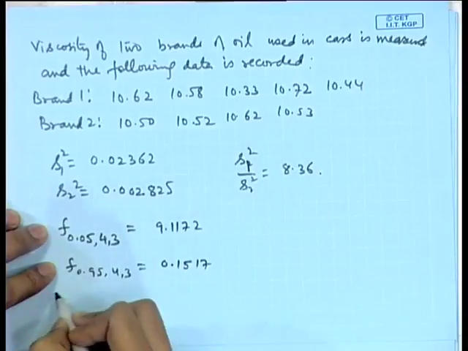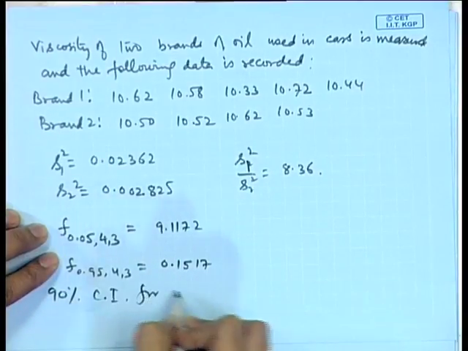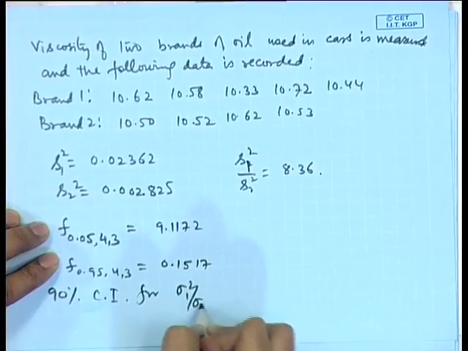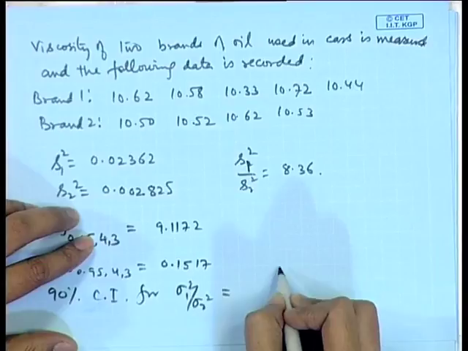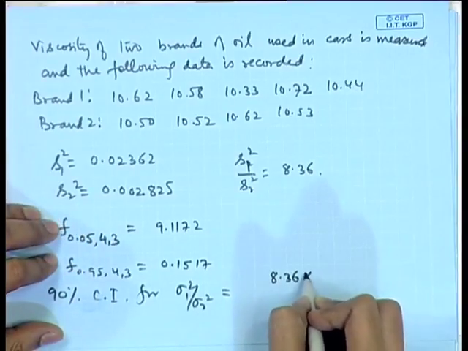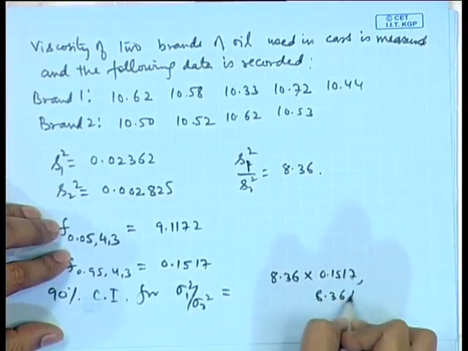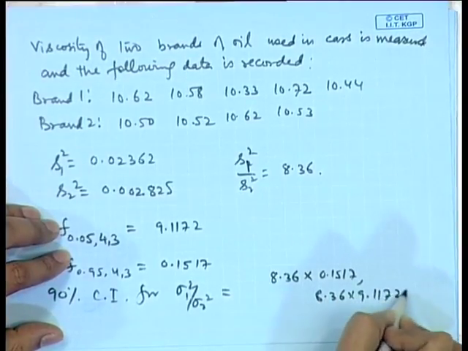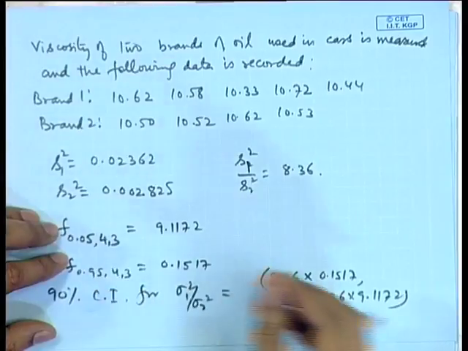So, a 90% confidence interval for sigma 1 square by sigma 2 square will be equal to 8.36 into 0.1517 to 8.36 into 9.1172. So, this is the confidence interval for the ratio of the variances here.